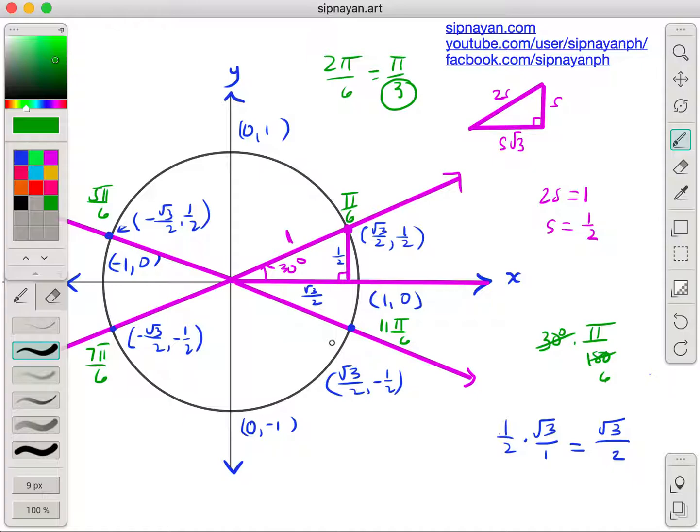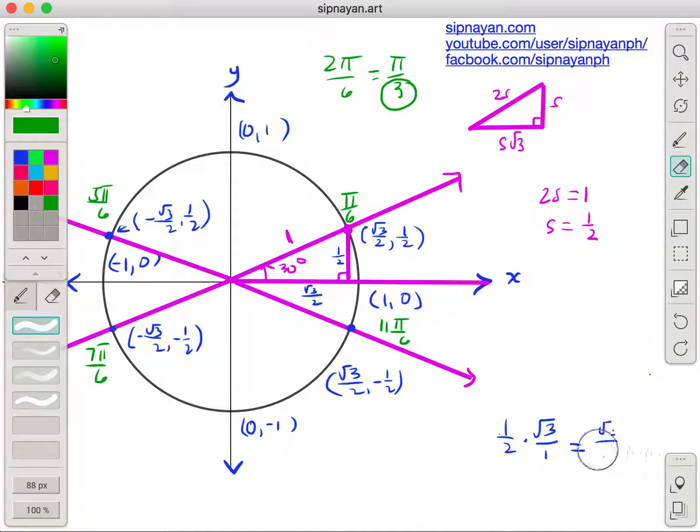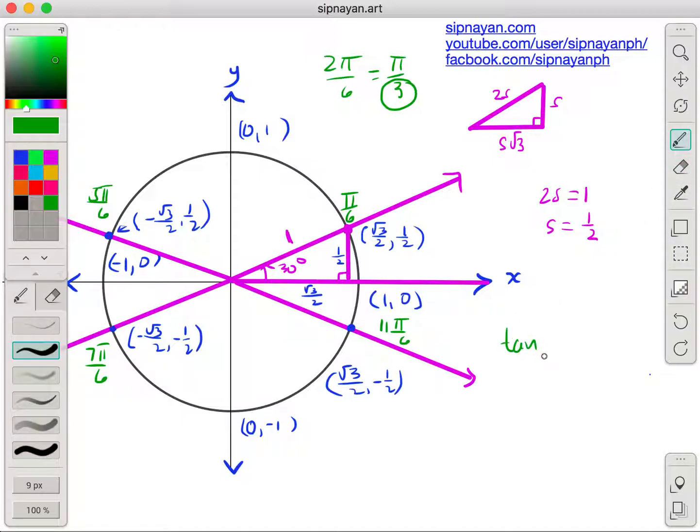Okay, so that's it. Just a sample computation. Pwede natin sabihin, what is tangent 5 pi over 6?